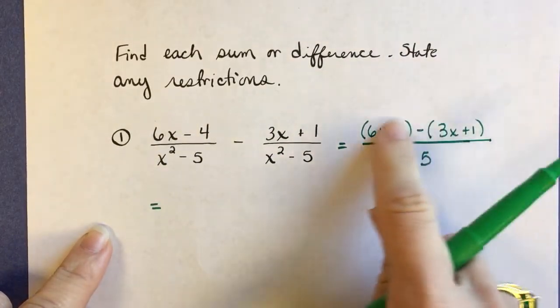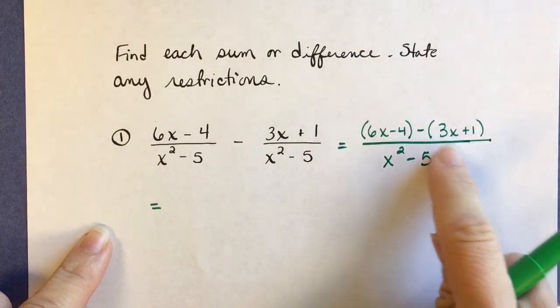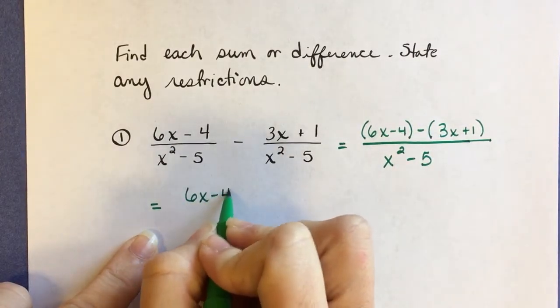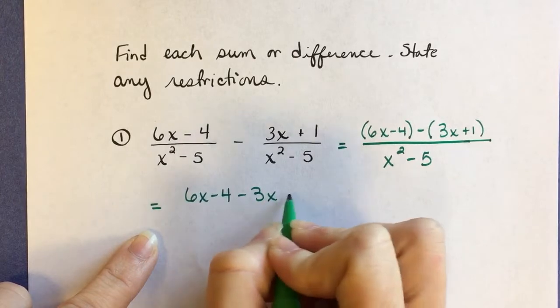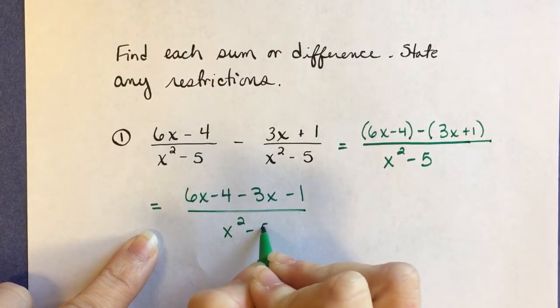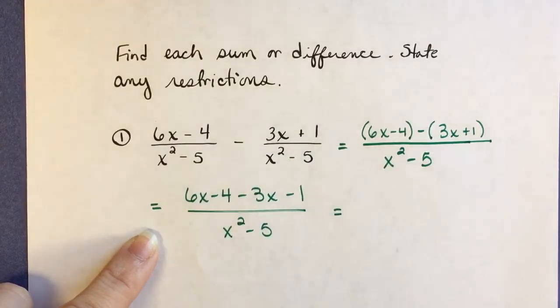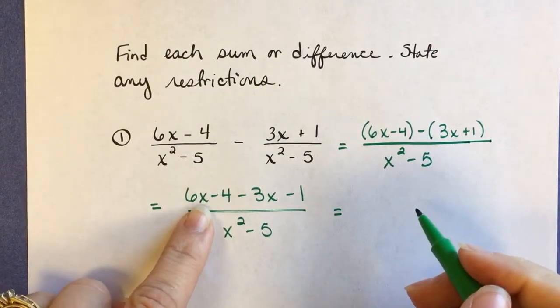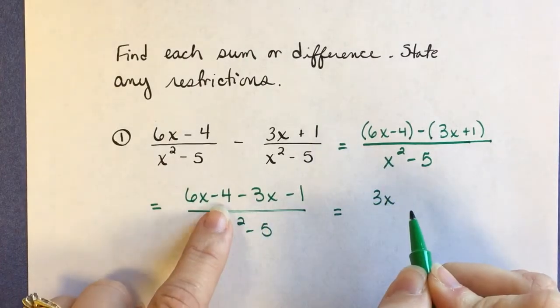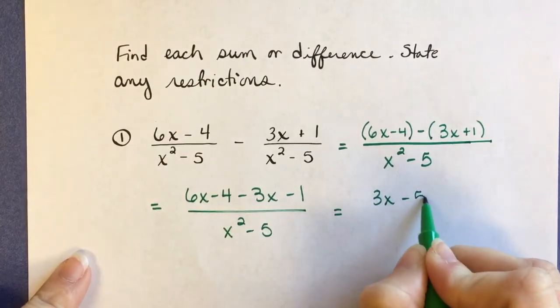Now, to simplify your numerator here, you will have to distribute your minus sign. So you'll have a minus 3x and a minus 1. Okay, so then combining like terms, 6x minus 3x is 3x, and negative 4 minus 1 is negative 5.